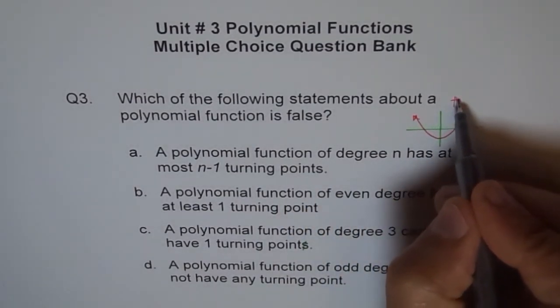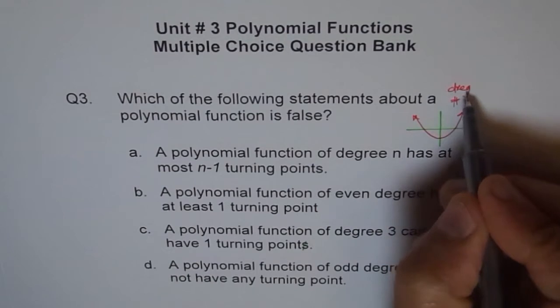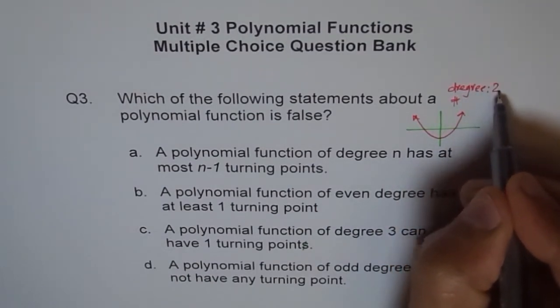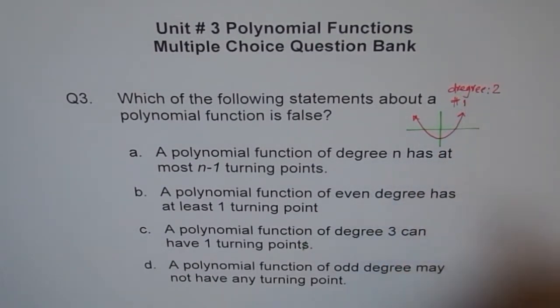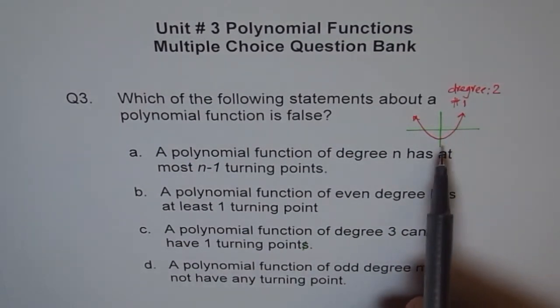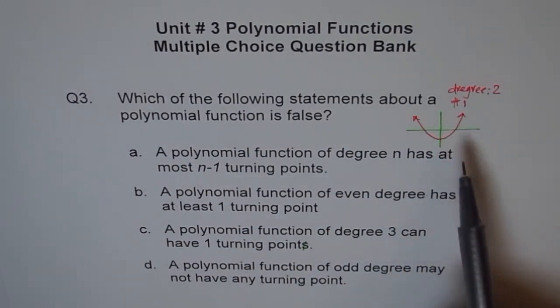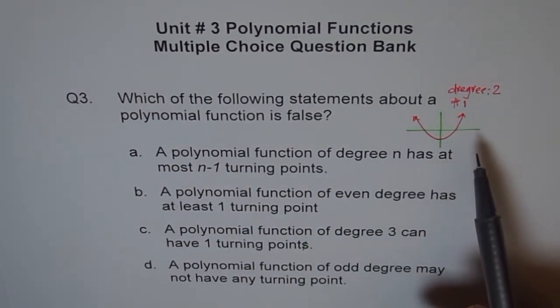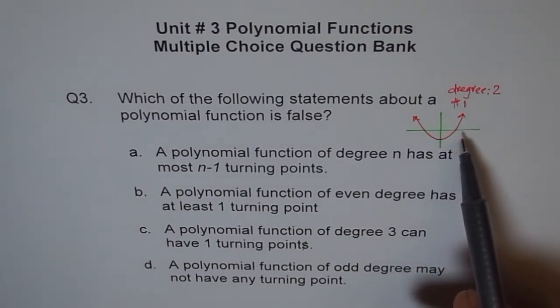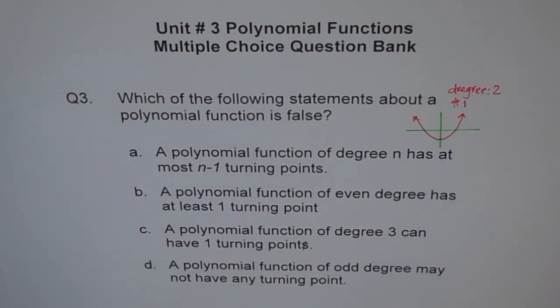The degree is 2 and the number of turning points is 1. Do you see that? So 1 less than 2. It will always have just 1 turning point because it has to go from quadrant 2 to 1. It has to turn at least once, right? So it works. So a polynomial function of degree n has at the most n minus 1 turning points, right?